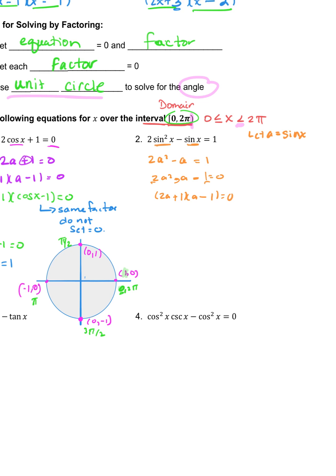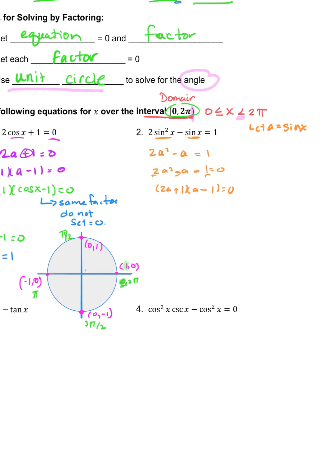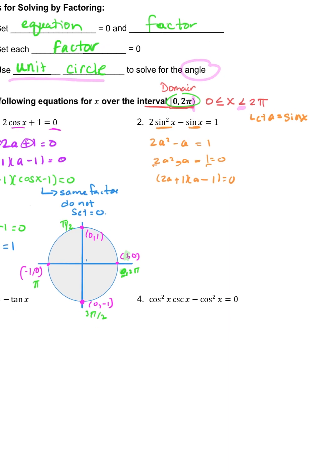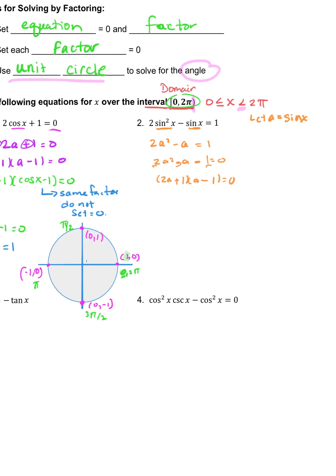And now I factored, and I'm going to say each factor equals 0. So I'm going to replace a. Okay, so now let's replace a. So I have 2 sine x plus 1, sine x minus 1.